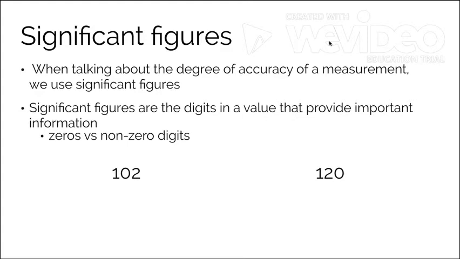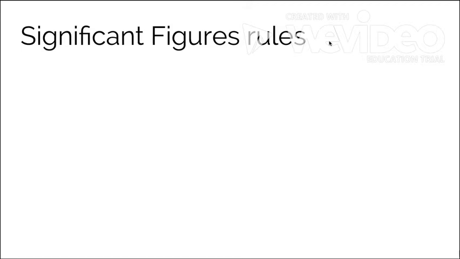But if we apply our rules of significant figures, we'll see that 102 has 3 significant figures, and 120 will have 2 significant figures. So where is this coming from? How can we say that 102 and 120 have different numbers of significant figures if they are very similar numbers? Let's look at those rules so we can make sense of what's going on.